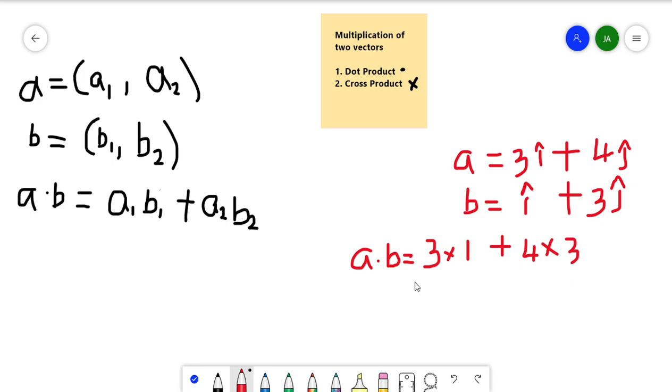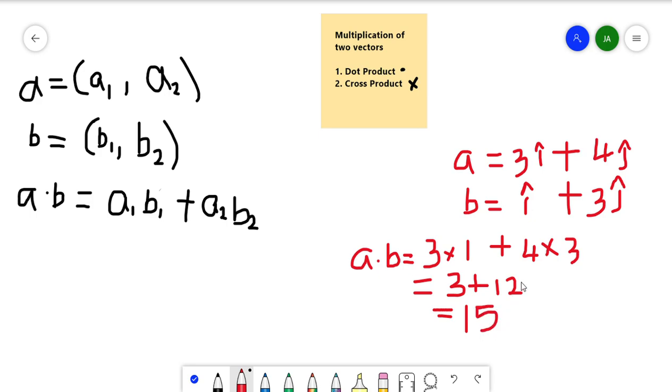So 3 times 1 gives me 3, plus 4 times 3 gives me 12. Now 3 plus 12 gives us 15. Just as I explained, we can see that the dot product gives us a scalar.